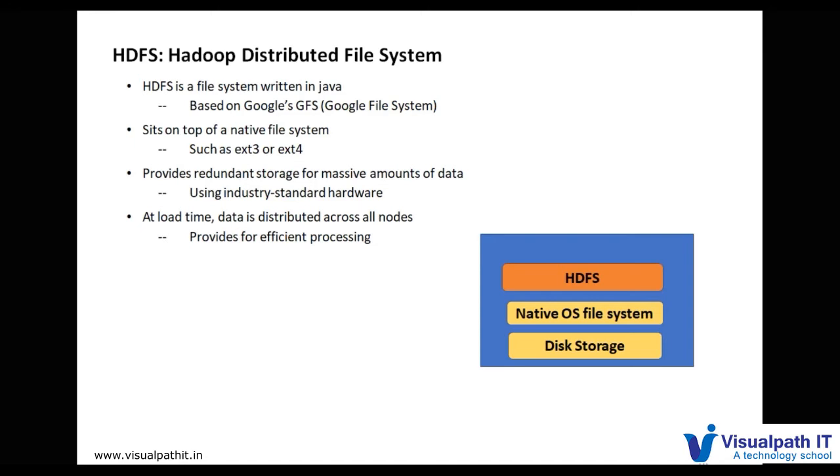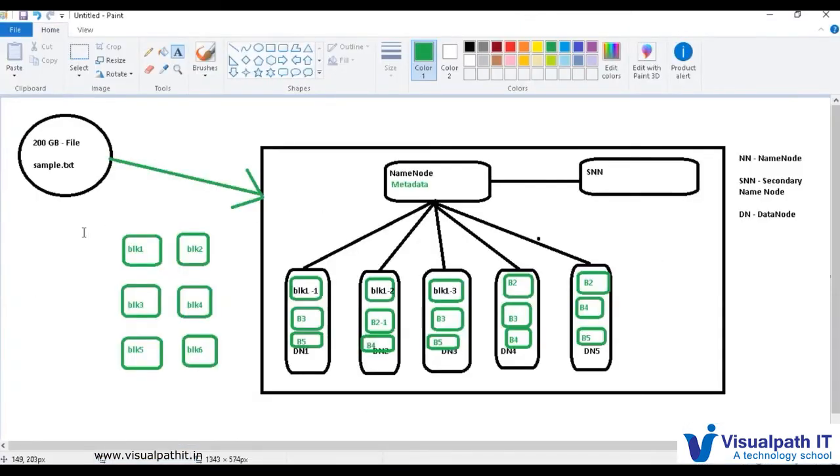When you load data from outside into the Hadoop cluster, it will be distributed across the available nodes. For example, if you have installed a cluster of 100 nodes, it will be distributed across the nodes in the cluster, but not all of them. Based on your replication factor and file size, it will be divided into blocks and then loaded.